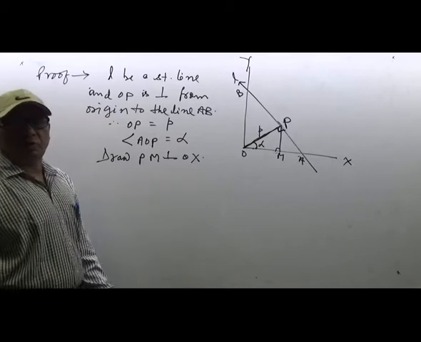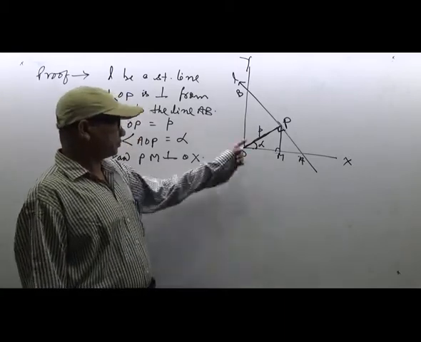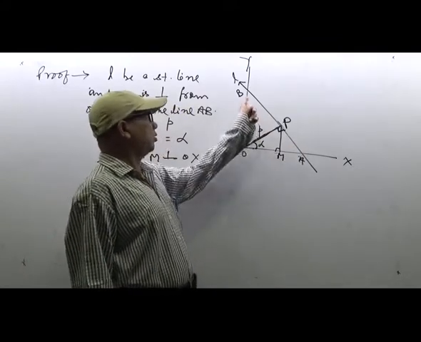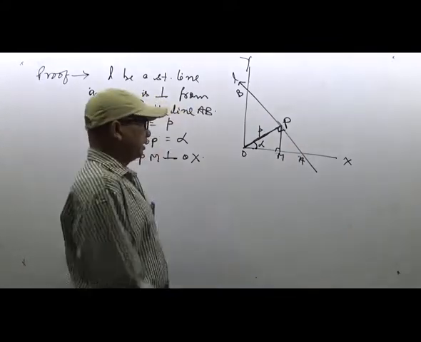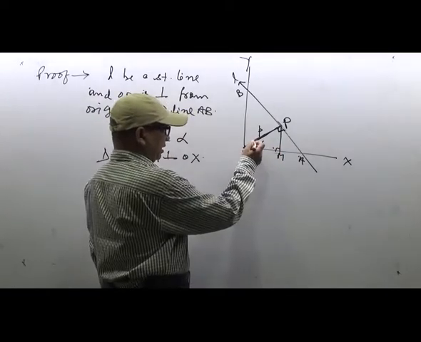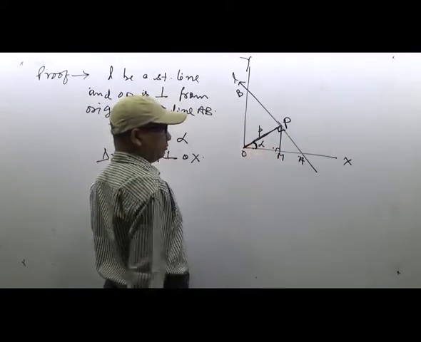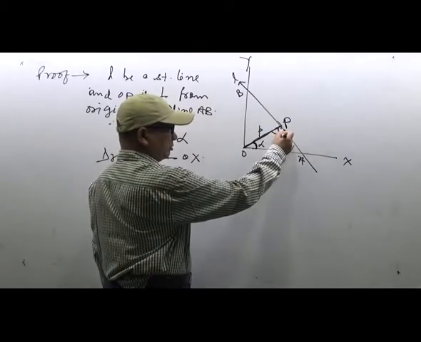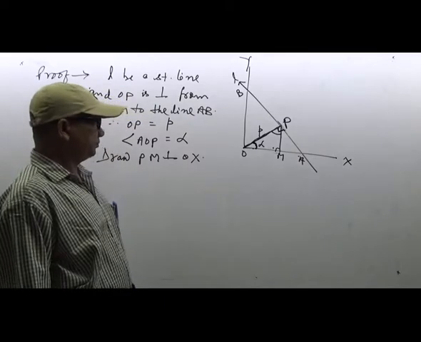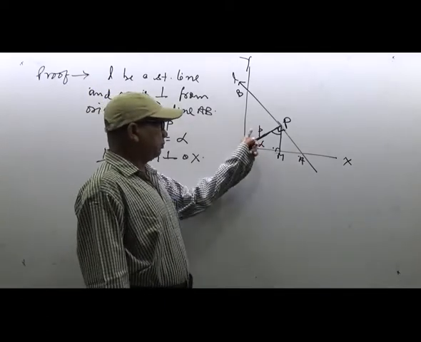By the definition of the coordinate, PM is perpendicular on OX and OP is perpendicular on AB. Therefore, this angle is 90 degrees and this angle is alpha, which is an acute angle. So, by the definition of coordinate, OM is equal to p cos alpha.